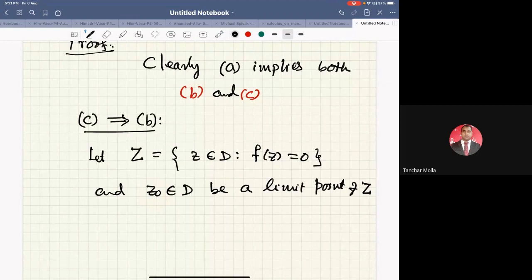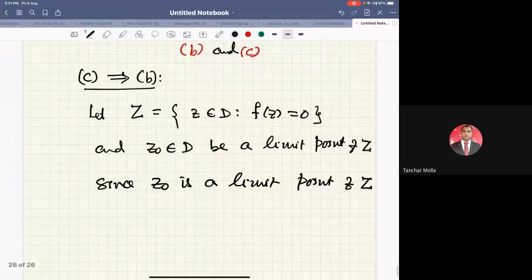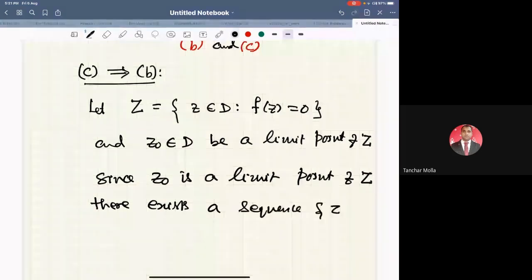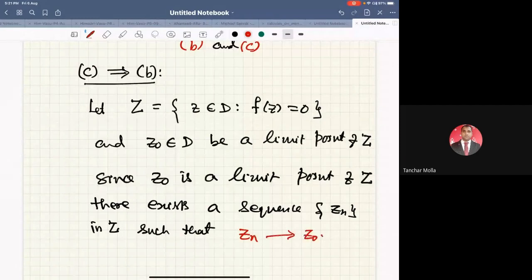Since z naught is a limit point of the set Z, there exists a sequence z n in the set Z such that z n converges to z naught.